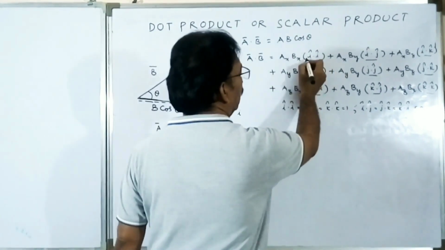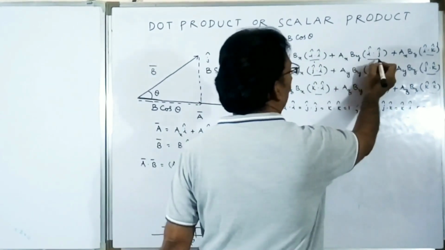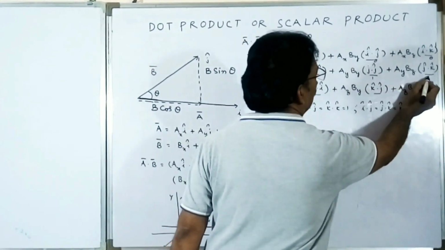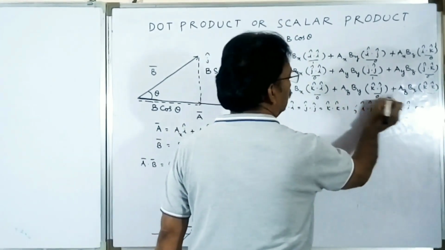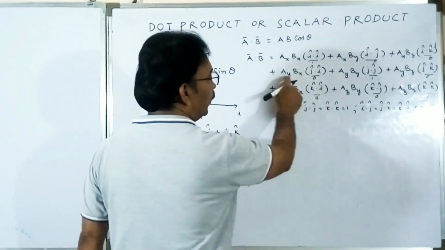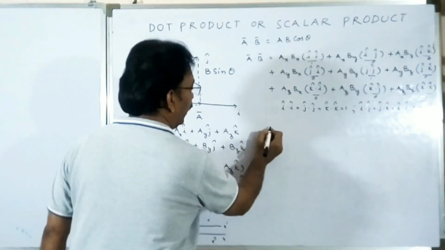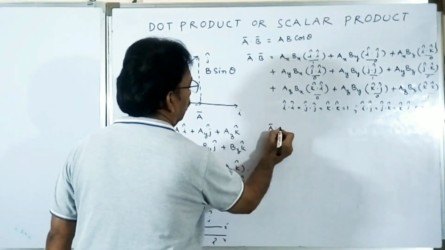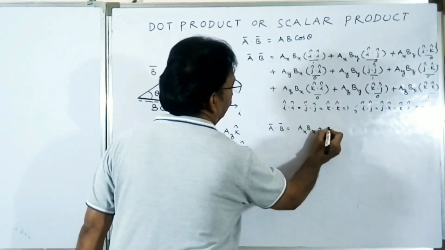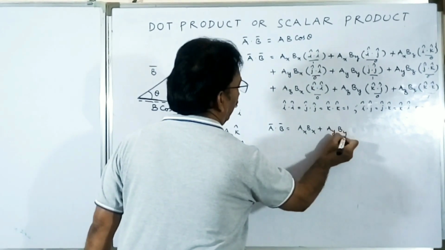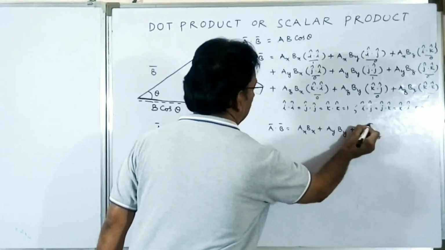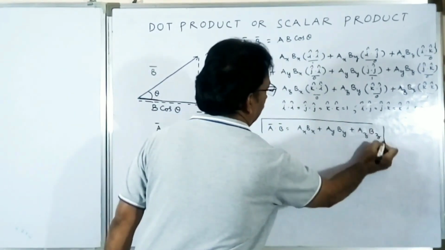Substituting the values, the terms multiplied with 0 become 0. Finally we can write A bar dot B bar is equal to AxBx plus AyBy plus AzBz. This is the result you have to understand.